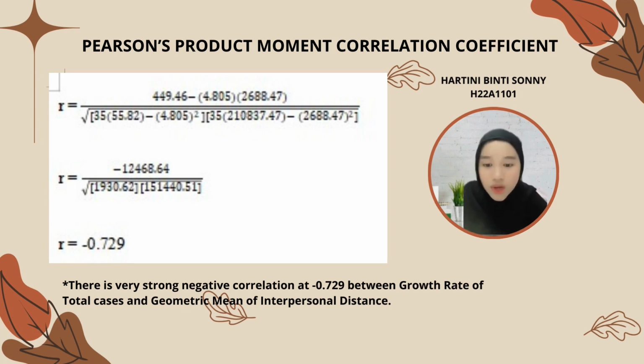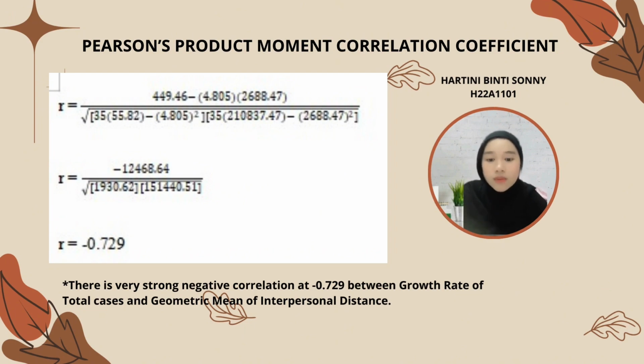So the answer we get is R equal negative 0.729. For that, there is a very strong negative correlation of negative 0.729 between the growth rate of total cases and the geometric mean of interpersonal distance.